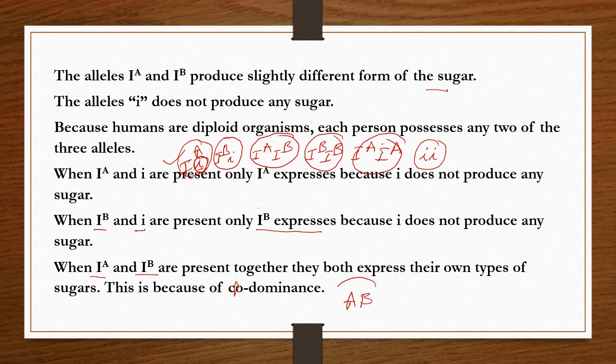So we have blood groups A, B, AB and O, four blood groups. The AB blood group is codominance because both the genes express their character. So that's why the AB blood group is considered as codominance.